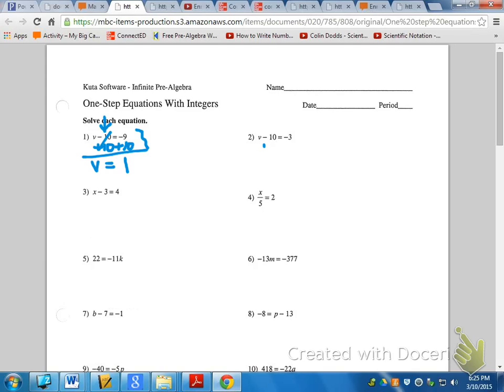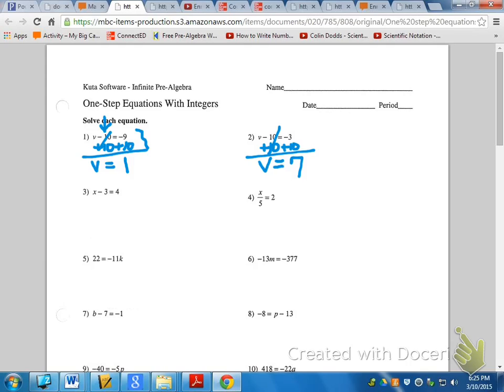We're going to do the exact same thing. We're going to add 10, and this time we bring down the v, the 10s wipe out, and the equal sign. $3 in the hole, but we earned 10. We're much better off today. We've got 7. So that is adding to solve one-step equations.